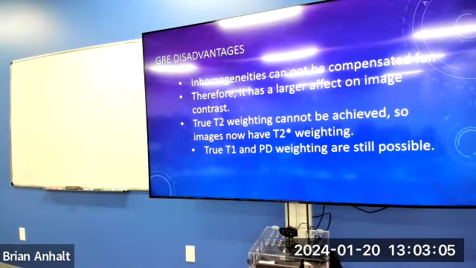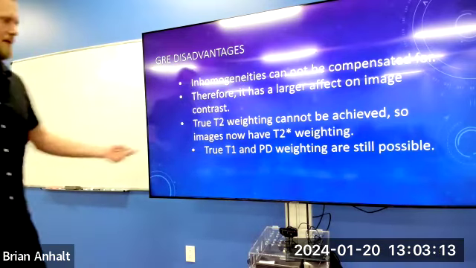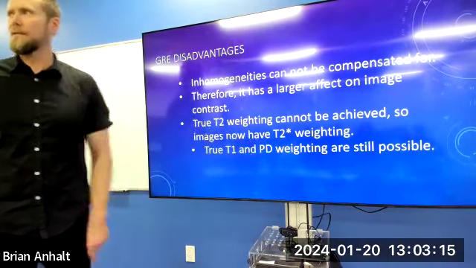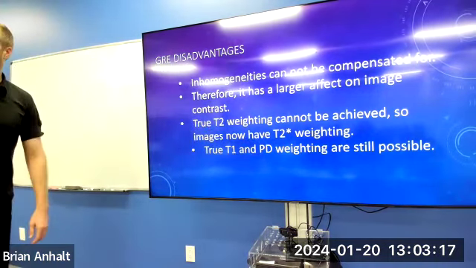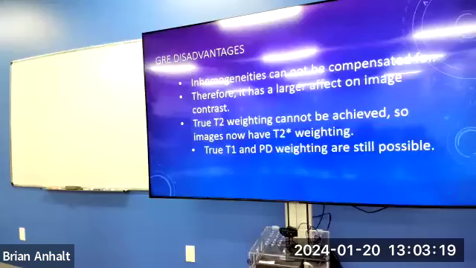True T2 weighting cannot be achieved. So if it is T2 star, it is a gradient echo sequence, but we can still achieve true T1 and PD. We just cannot achieve true T2 weighting anymore. So you're never going to see a gradient echo sequence that's called a T2 weighted image anymore. It's T2 star if we're looking for that.